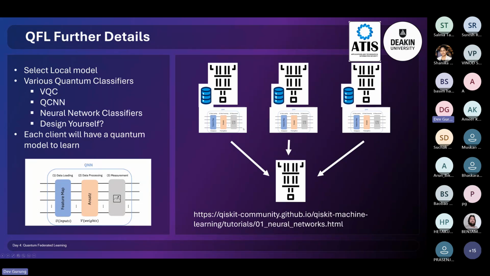And of course, if you are using VQC, we'll use VQC for all. Another problem would be, can we actually train one device with VQC, another device with QCNN, another device with a neural network? That could be another research problem itself. So we can definitely dig into those kinds of things. So, will the client have a quantum model to learn? Okay.